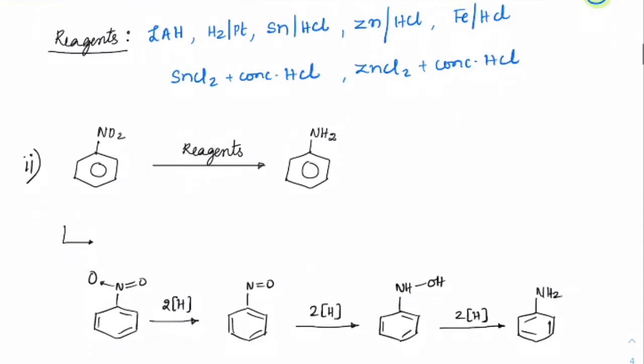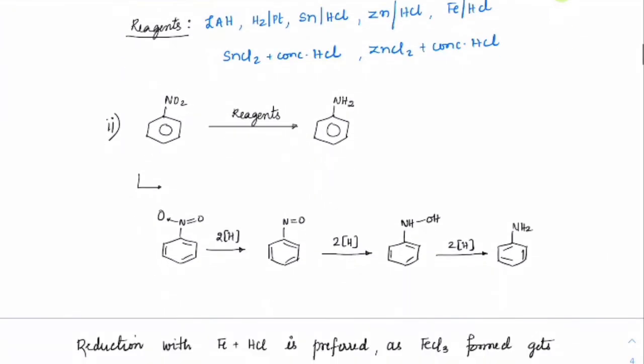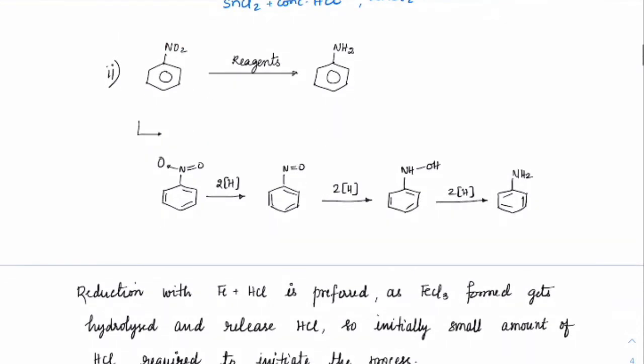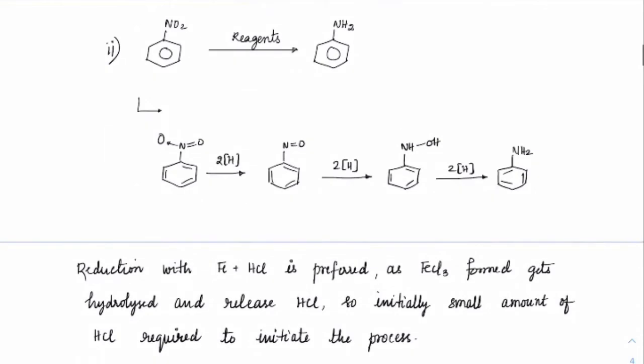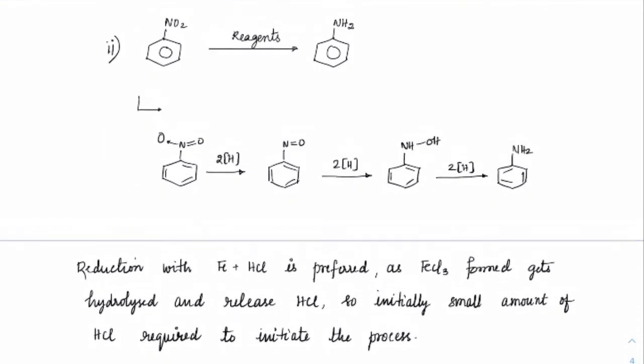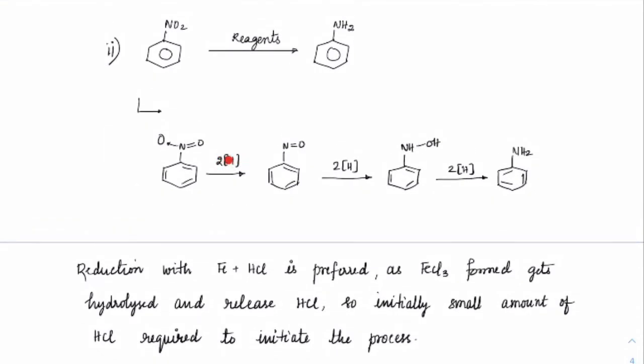Now see this, the way to understand how it primarily happens in aryl groups. In aryl groups it will be slightly different. Let's see how. Suppose you have NO2, and imagine all these reagents are releasing nascent hydrogens. First, 2 nascent hydrogens will take away 1 oxygen and remove it as water.